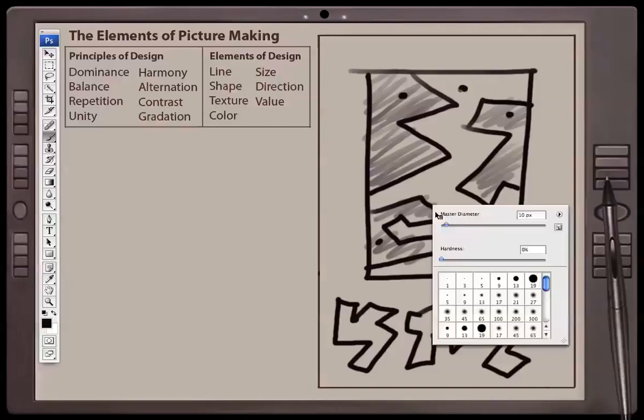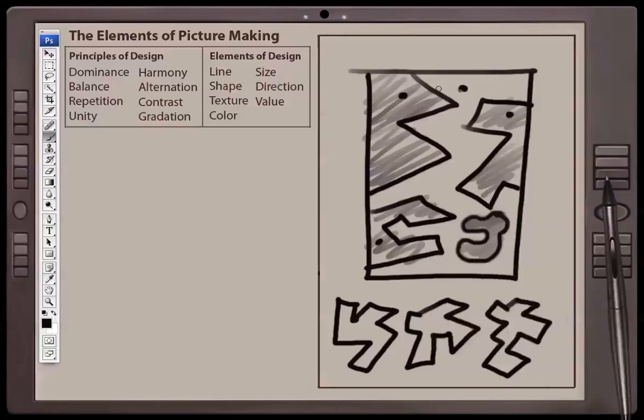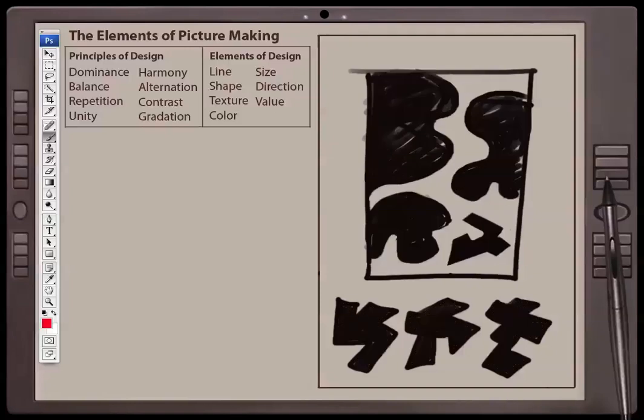However, let me just change the hardness of the brush here. If I change this so that these shapes are curving shapes like that, then the curving shapes dominate over this angular shape here. There's only one angular shape, but there are more of the curving shapes.